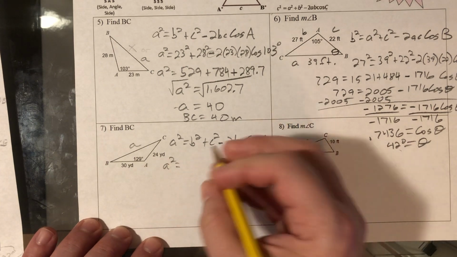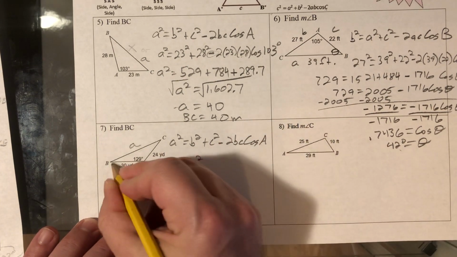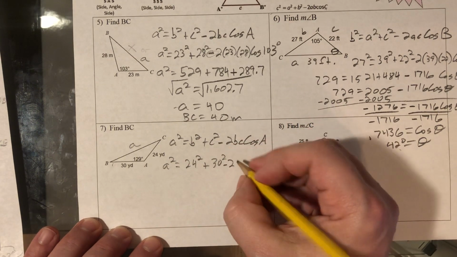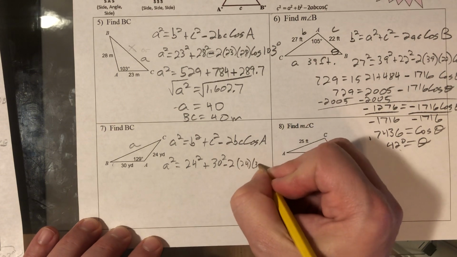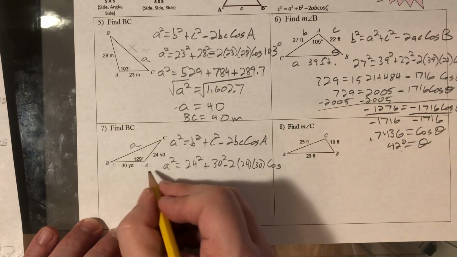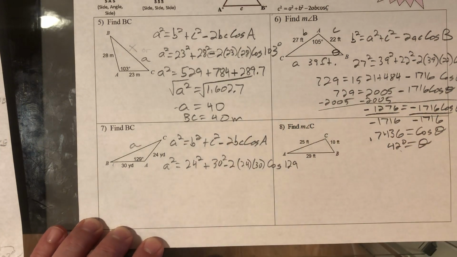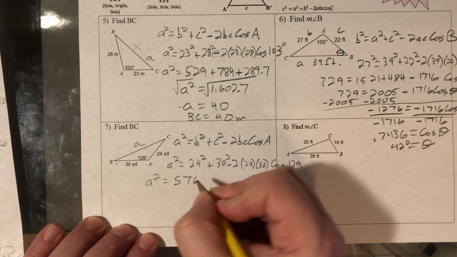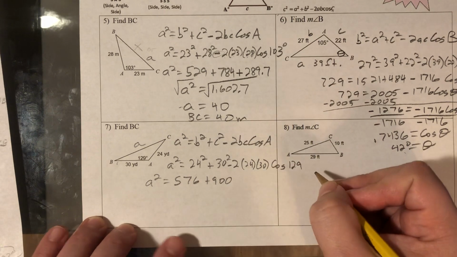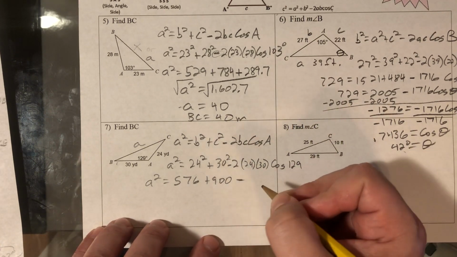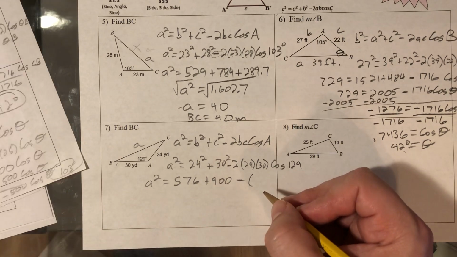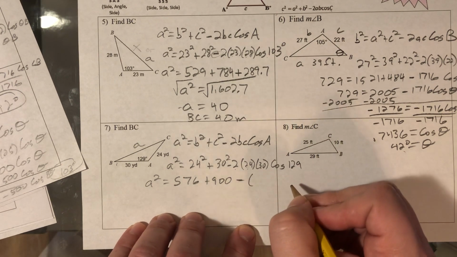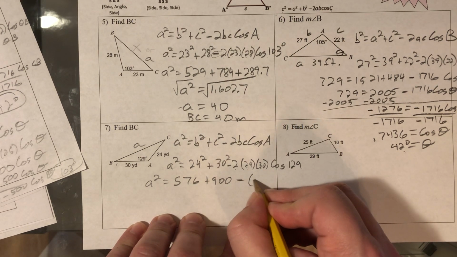We got a squared equals 24 squared, that's opposite angle B, plus 30 squared minus 2 times 24 times 30 cosine, and angle A is 129 degrees. Okay?